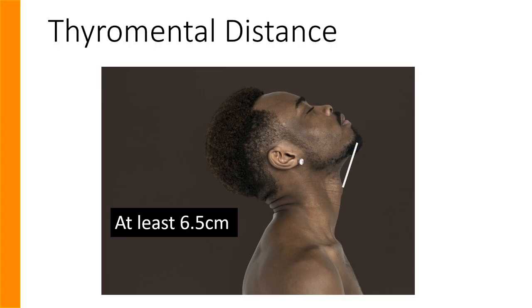The next distance that we're interested in, and this is the one that I particularly feel is valuable, is the thyromental distance, which is the distance from the thyroid cartilage, again, to the tip of the chin. We want that distance to be at least 6.5 centimeters.